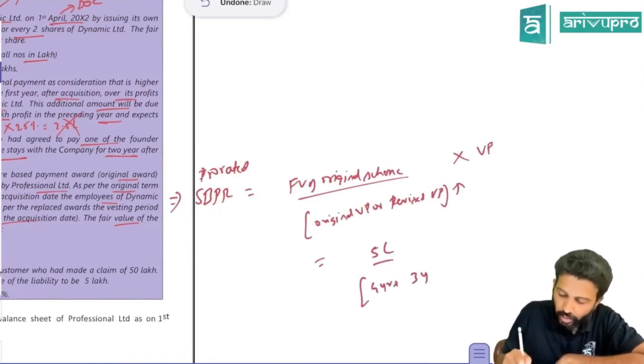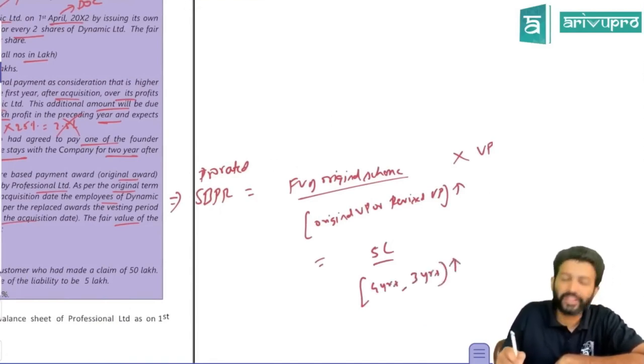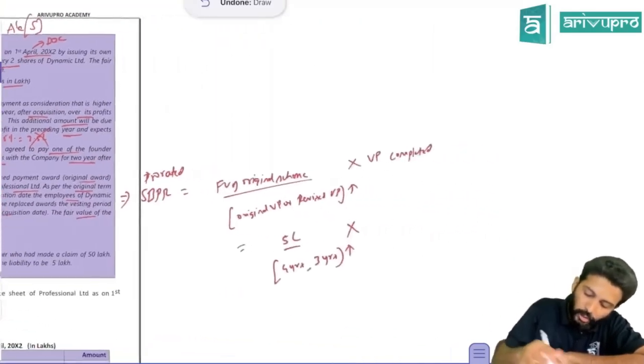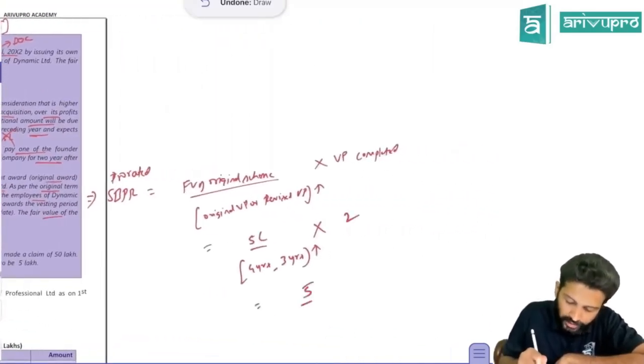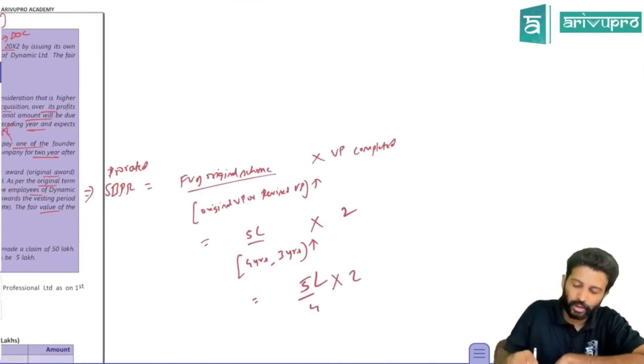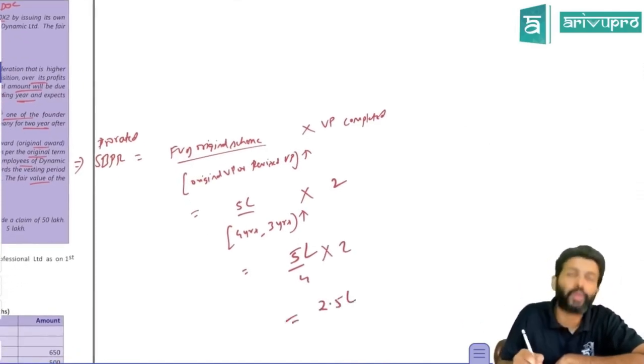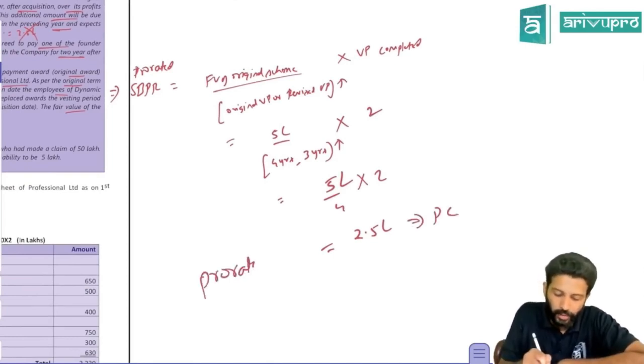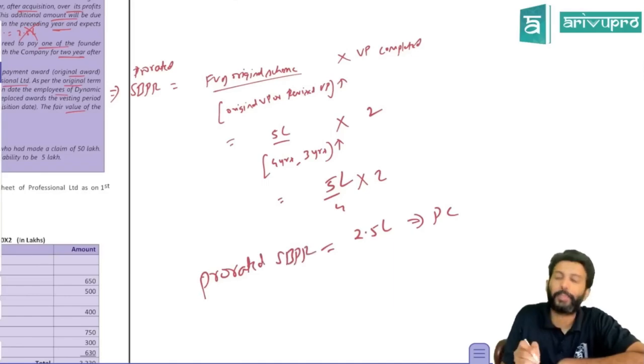The revised vesting period is now only 3 years. Whichever is higher, you take, multiplied by the vesting period completed, which is 2 years. So 4 or 3, which is higher? 4. 2 out of 4 is half, which will be 2.5 lakh rupees. So 2.5 lakh rupees will be considered as PC. This is your prorated SBPR, which will form part of your purchase consideration.